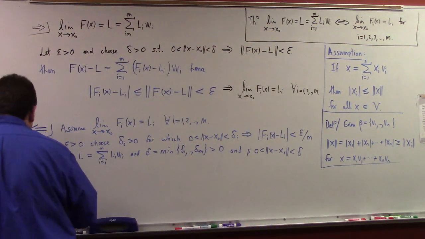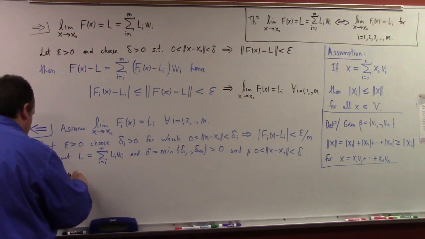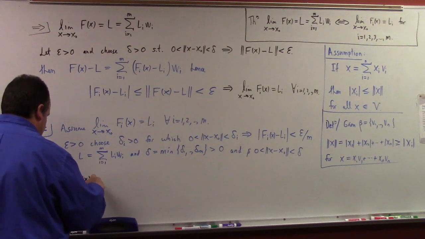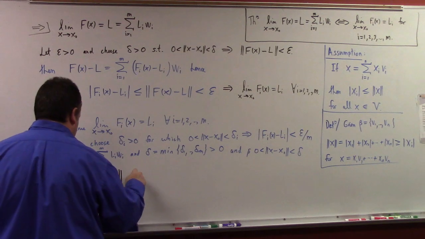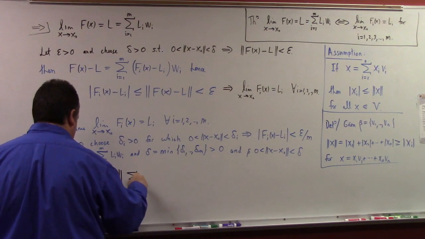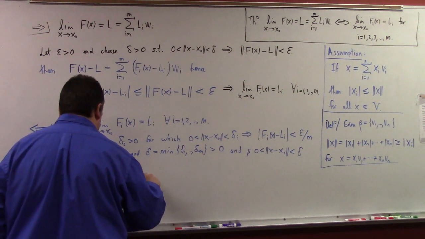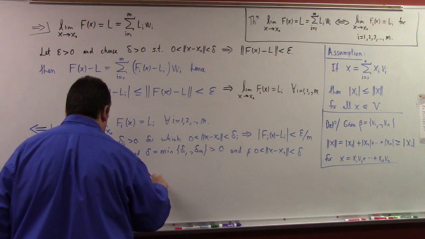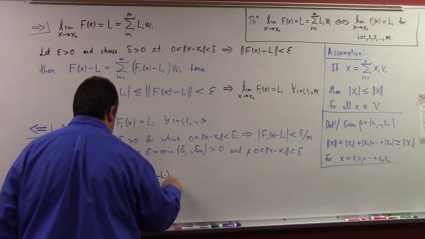And then we study the norm of f of x minus L. In particular, we study f of x minus L. All right, so I'll write it out here, the sum, i equals 1 to m. And I'm going to do my calculations all at once here. f sub i of x minus L sub i, right, times Wi.